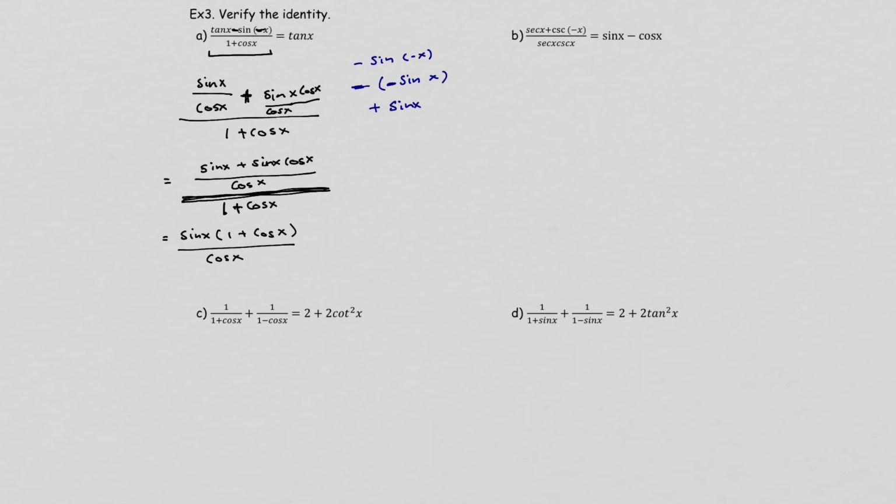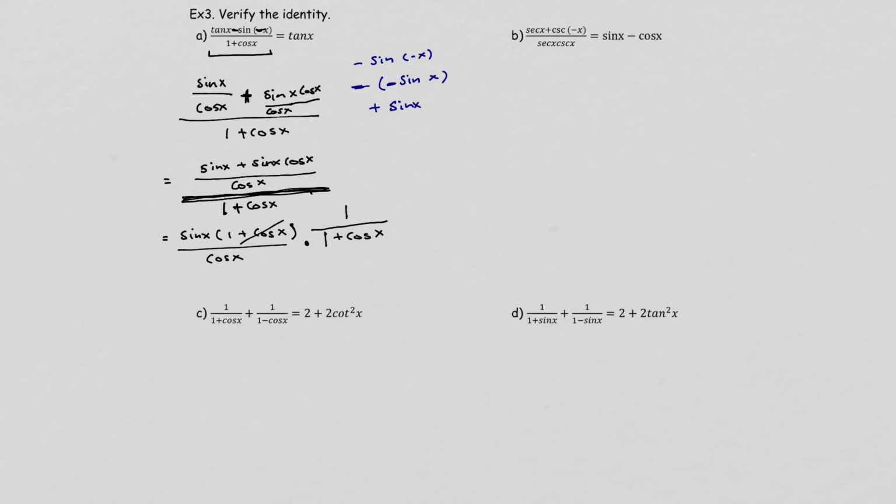If I wanted to pull this 1 plus cosine x, the second fraction's denominator, onto the side, it means you're dividing this by 1 plus cosine x, right? And you know that divisions you can change to multiplications and flip the second fraction.